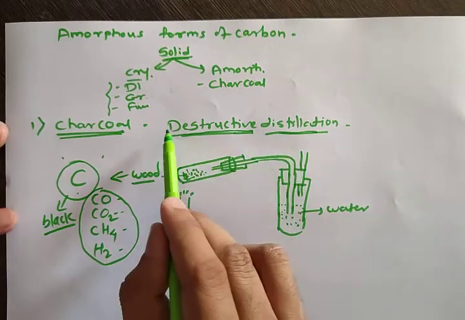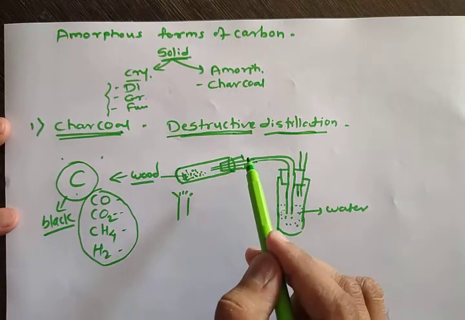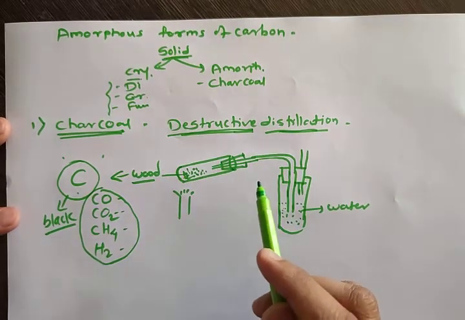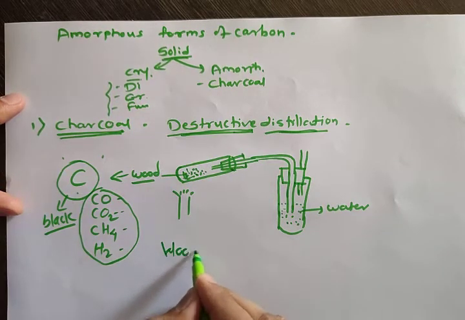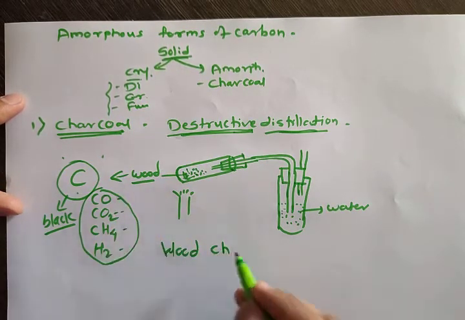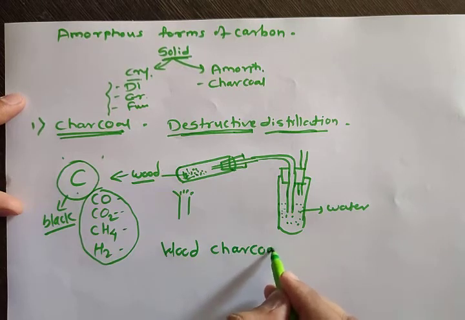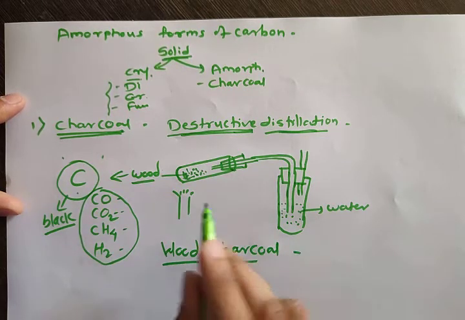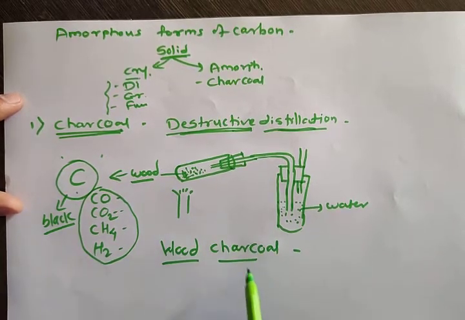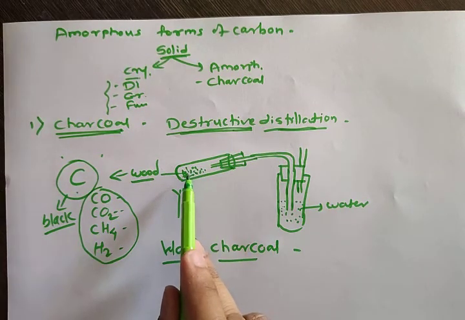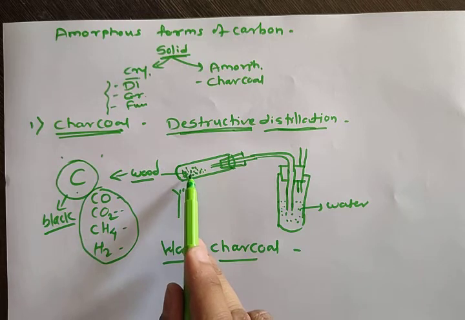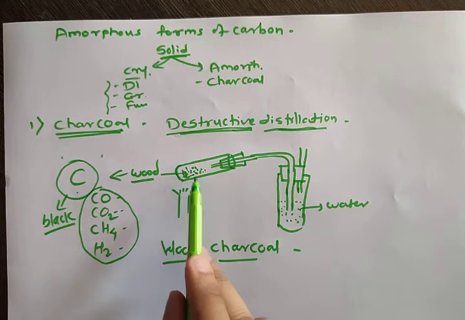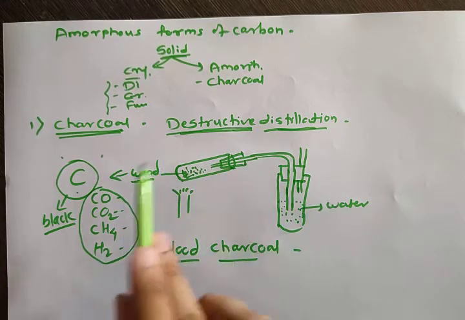By this destructive distillation we will now make the different kinds of charcoal. The first type of charcoal is wood charcoal, and I just told how to make it. Just take a few pieces or powder of this wood and follow the same process.